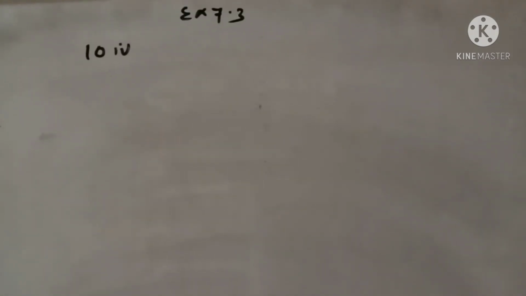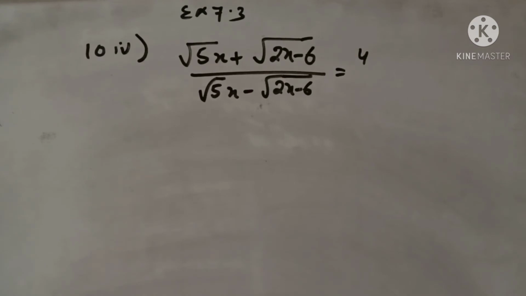Question number 10 fourth, exercise 7.3. It is asking, using properties of proportion, find x from the following equation. So it is given, so using componendo and dividendo over here.